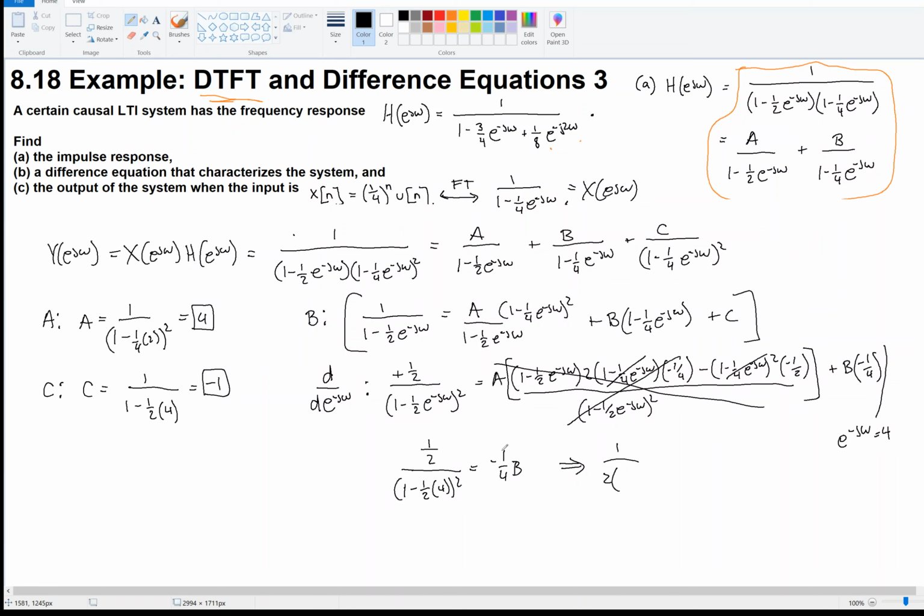Squared is 1, so that's 1. So that's equal to minus 1/4 b multiplied by negative 4, and that makes b equal to negative 2, it looks like. Perfect. So now I've got the expansion, I'm running out of space, so I'm just going to fill in my constants here, a, b, and c.